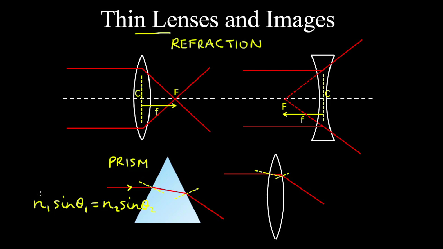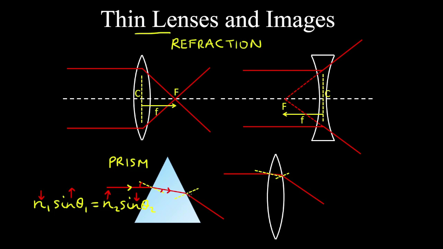So if light goes from a medium with a lower index of refraction, then the incident angle is higher than a refracted angle. So at this point, the incident angle with the normal is as follows, and the refracted light ray refracts towards the normal.